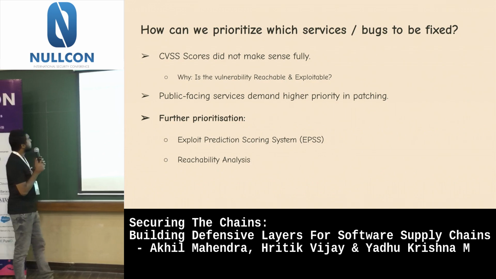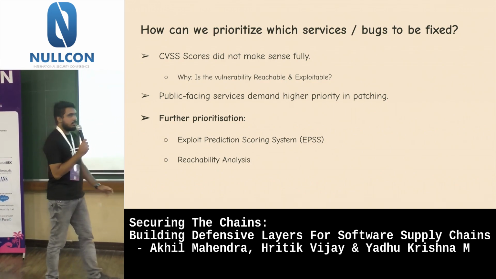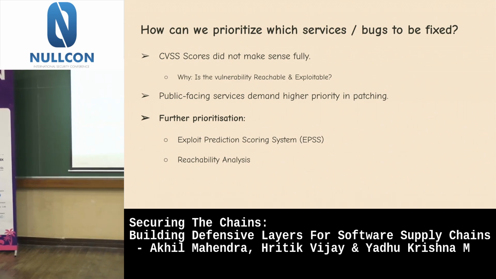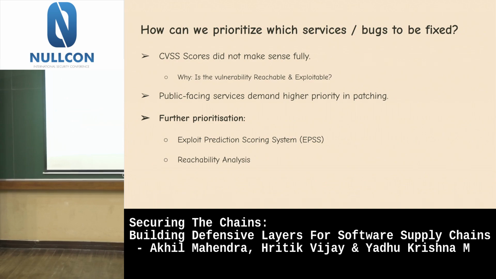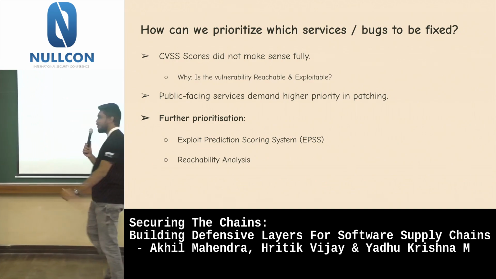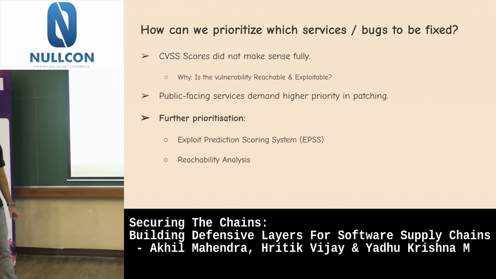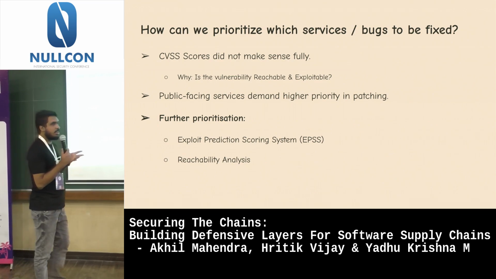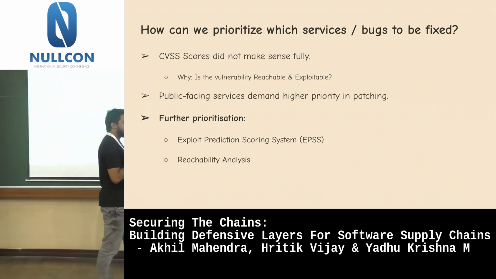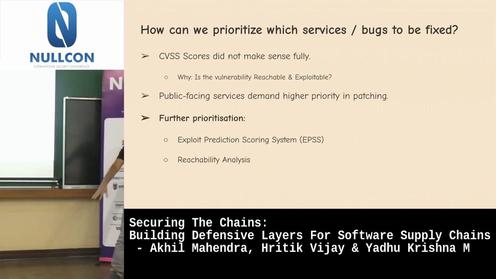Next question was prioritization. How do we prioritize what vulnerabilities need to be fixed first? For us, the CVSS score did not make complete sense because it indicated criticality, but it did not show whether the vulnerability is reachable. Let's say it is in an internal service or it is buried deep.